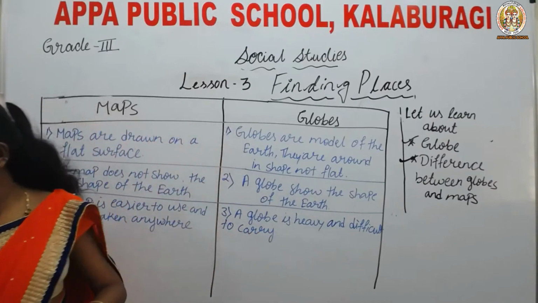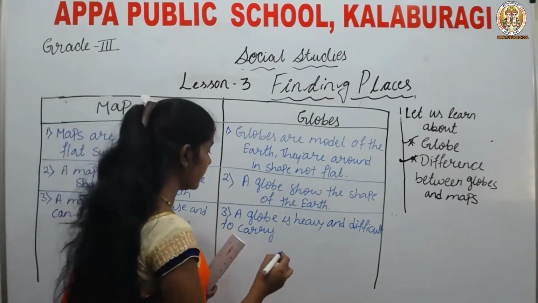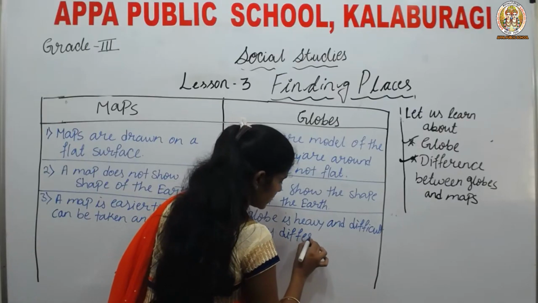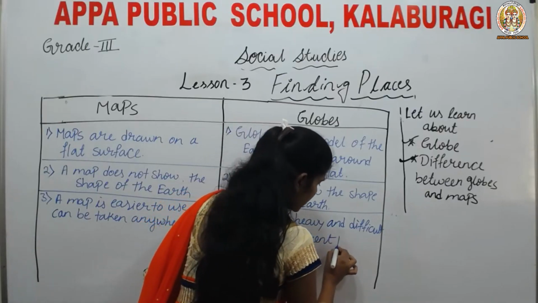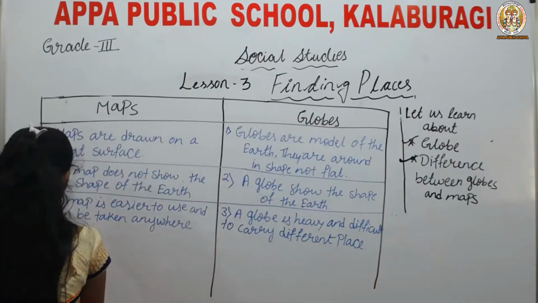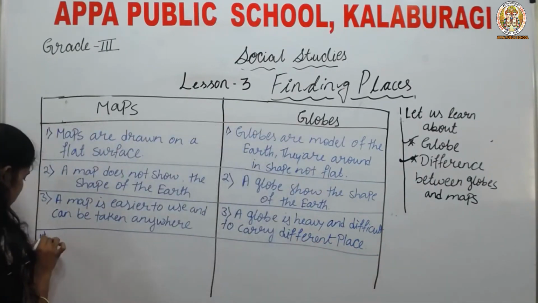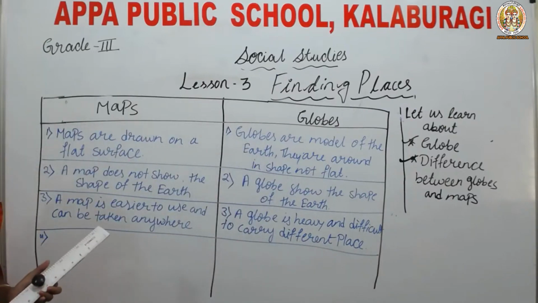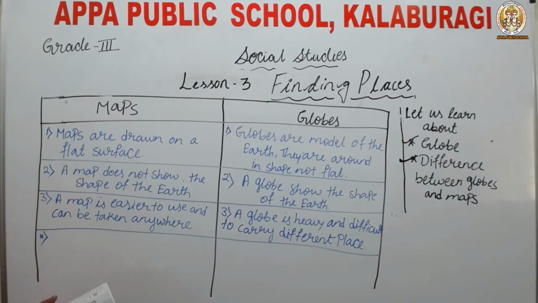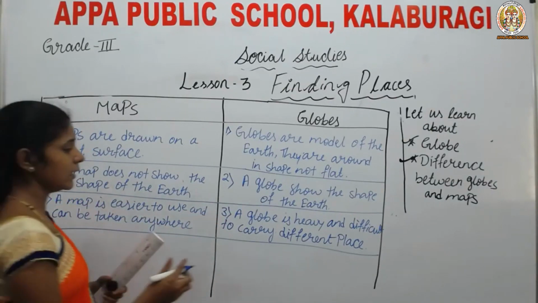Globes are heavy and difficult to carry to different places. Fourth one. See, a globe is heavy and difficult to carry to different places.